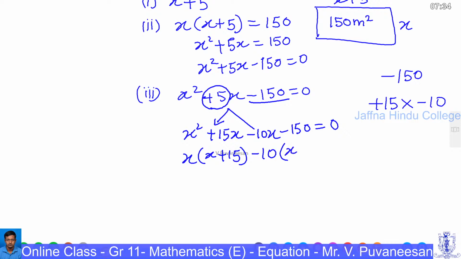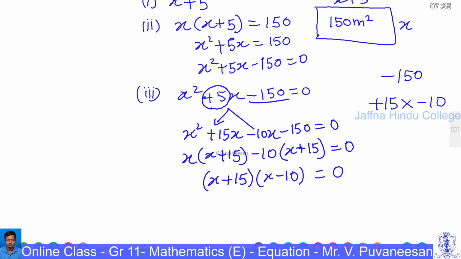Here there is minus 150, so here is plus because outside of the bracket there is minus, so minus into plus 15 gives minus 150. Now we can take x plus 15 as common, x remaining in first term, minus 10 remaining in second term, so x minus 10 equals 0.